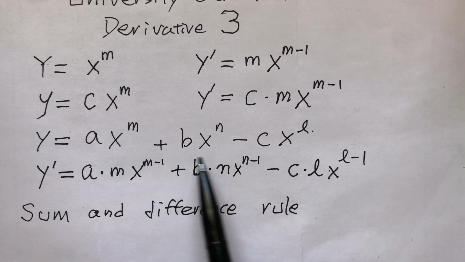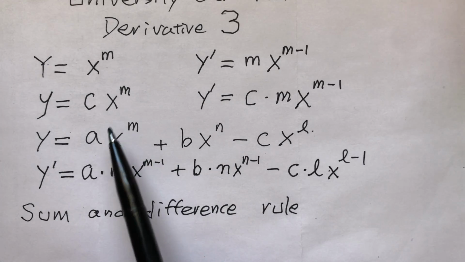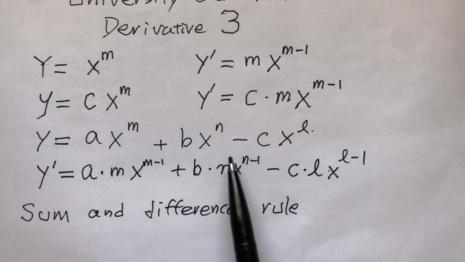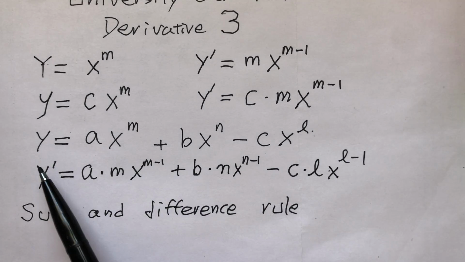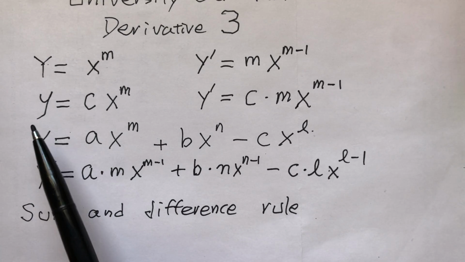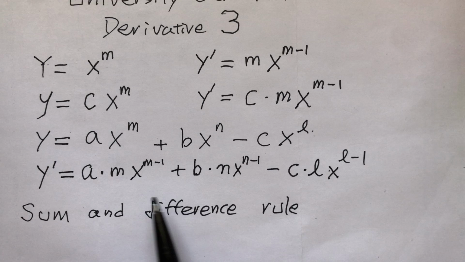Now today I gave you more than one term, with addition or subtraction, then the rule is just the application of the constant multiple rule. So this is called the sum and difference rule. Let's have some examples.